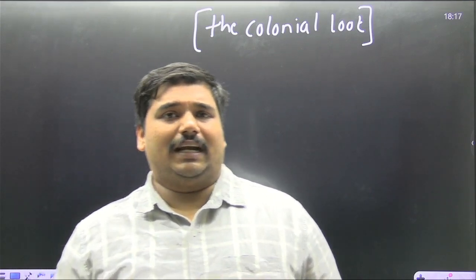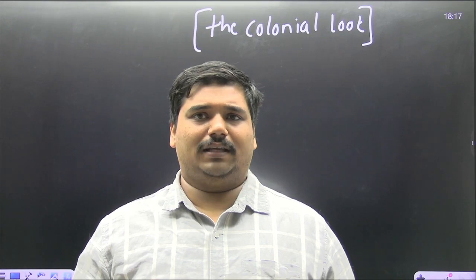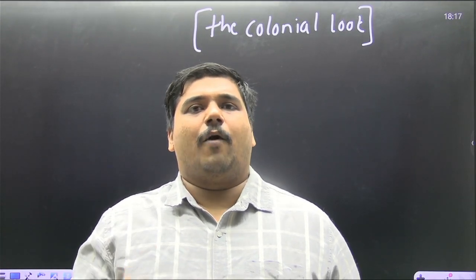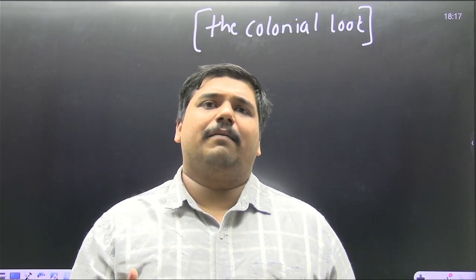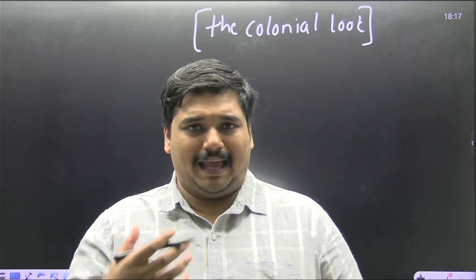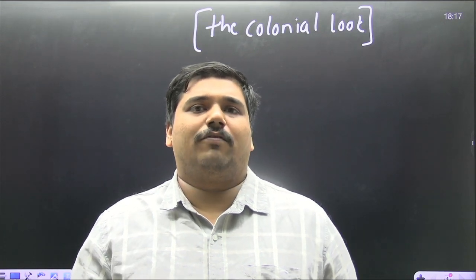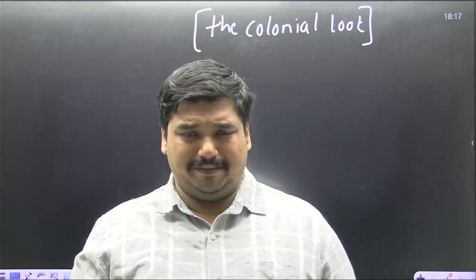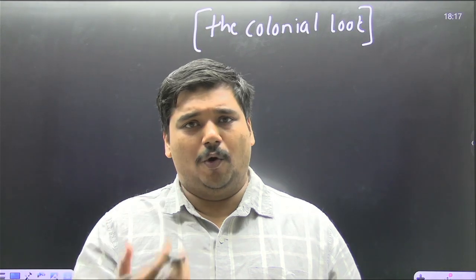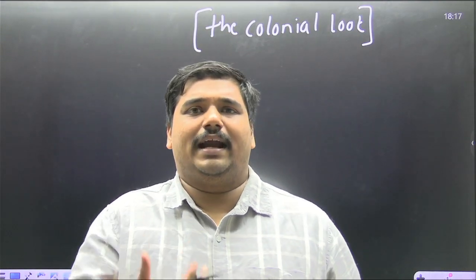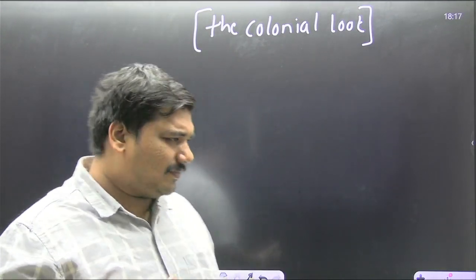Now we will study post Battle of Plassey. There was another battle called the Battle of Buxar. After these subsequent battles, the East India Company began interfering in the commerce of the country. They began interfering in India's administration only related to the trade, only specific to the trade part of it.